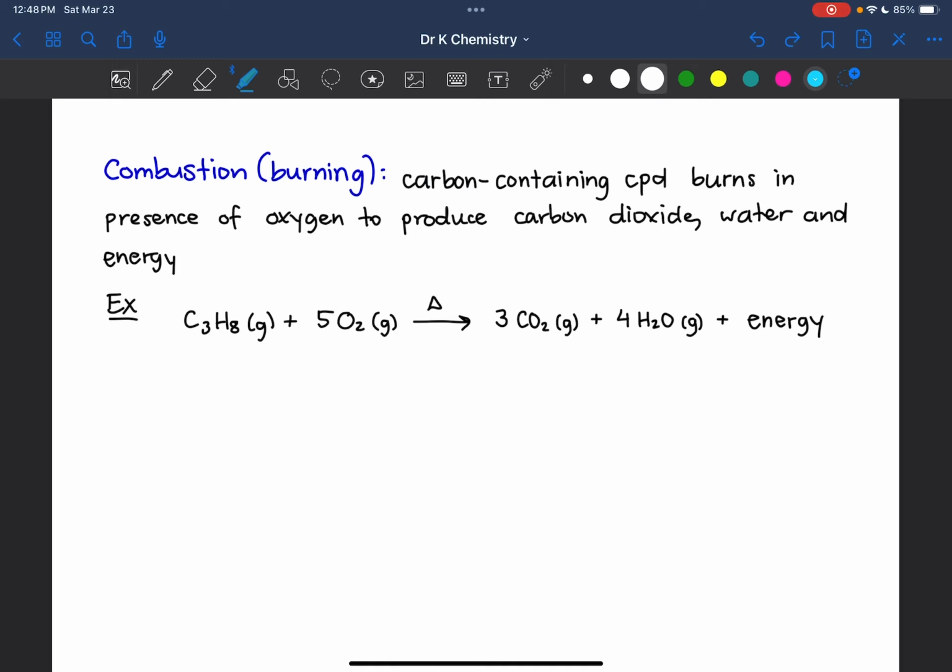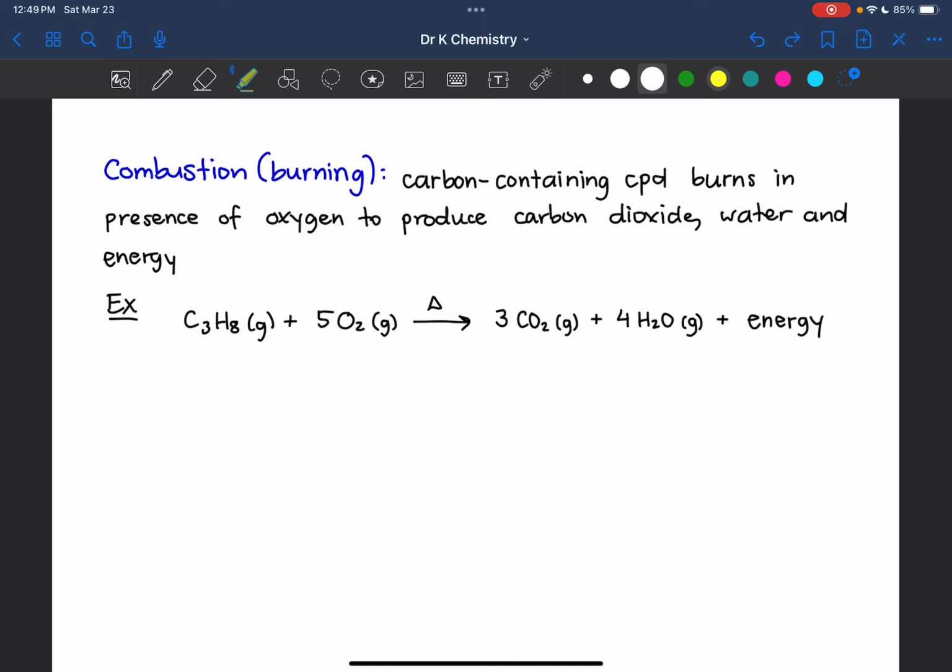And we know that if you were to cut off the oxygen supply to a fire, the fire goes out, which means that combustion requires oxygen in order to continue. And of course, the products formed in combustion are carbon dioxide and water. And of course, some energy is produced because this is an exothermic reaction.